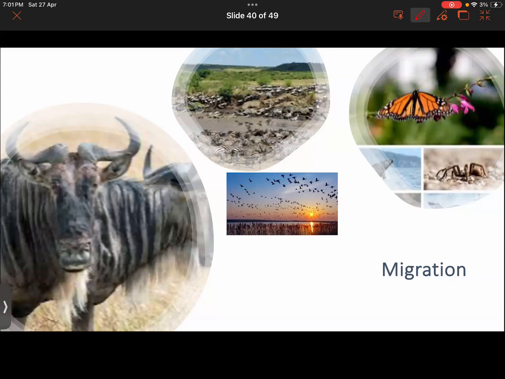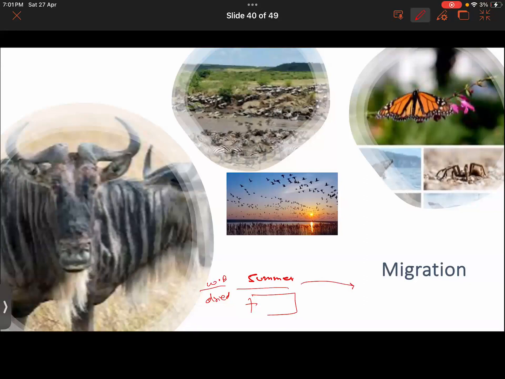As the season changes, they move from one place to another, and they return to their original place once the season returns. For example, it is summer in a particular area, and all the water bodies, ponds, lakes, rivers, have dried up.